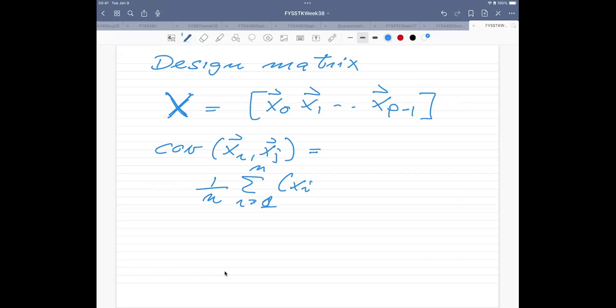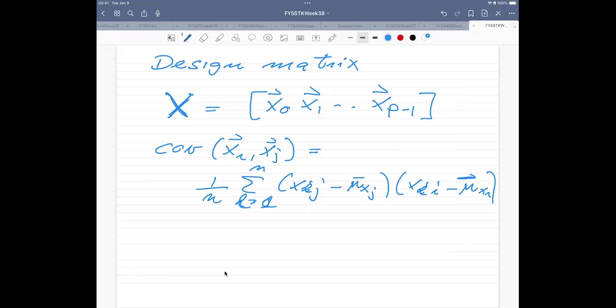Then I have my x_lj minus mu of x_j, the mean value of that specific column vector, and then my x_li minus mu of x_i. This should be an l here, so this is actually a sum over l. This is the definition of that quantity.